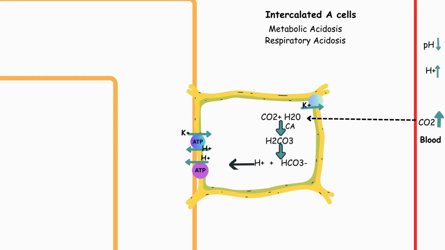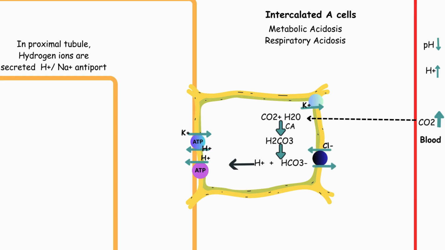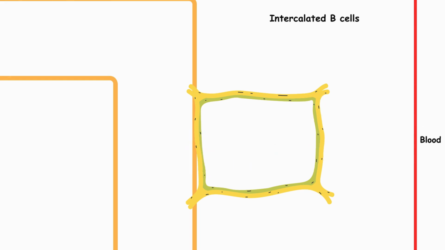However, in proximal tubule, hydrogen was secreted through sodium antiport. On the other hand, bicarbonate will be transported to blood through channel at the basolateral membrane in exchange of chloride ions. Bicarbonate ions will increase the pH. Intercalated B cells maintain pH in basic conditions like metabolic alkalosis and respiratory alkalosis, when pH increases due to low level of hydrogen ion.